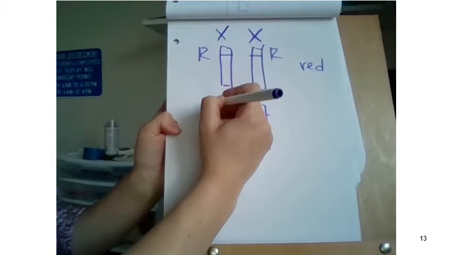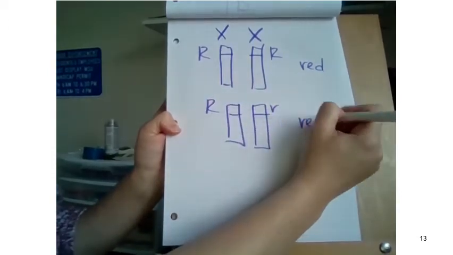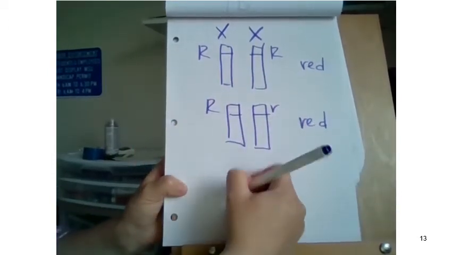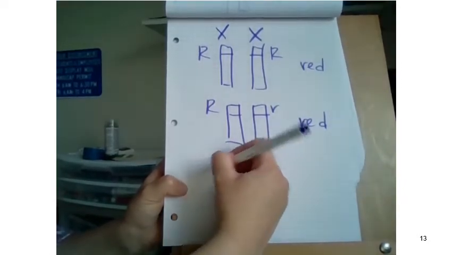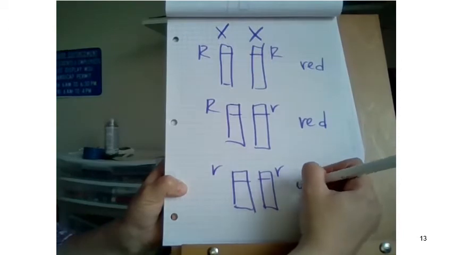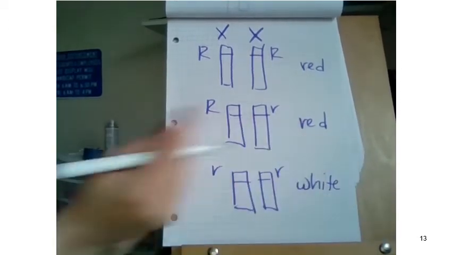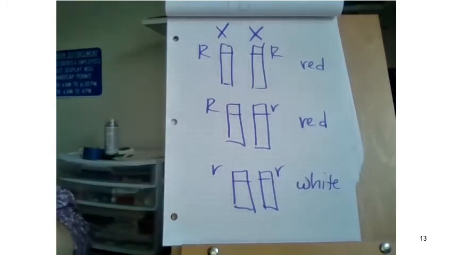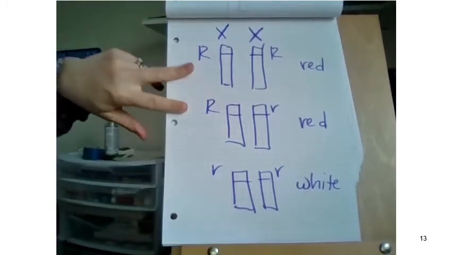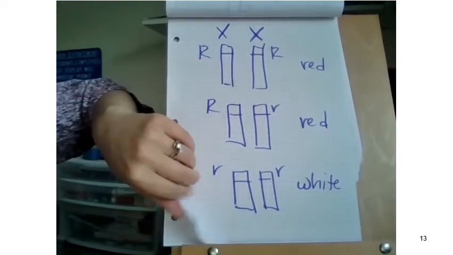They could have one dominant and one recessive allele and have red eyes. And the third combination possible, both recessive alleles, and have white eyes. So there's three possible genotypes that they can have, and the majority of the genotypes result in red eyes.